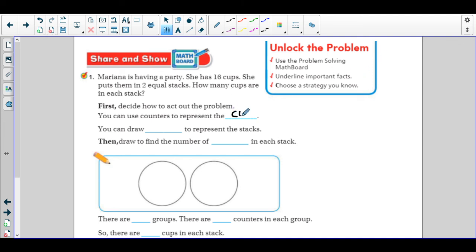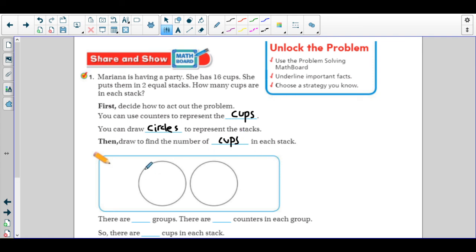We're not going to necessarily use counters. You could use pennies or coins or something like that at home if you wanted. But really the best way in our present situation is just to mark it using an X. You can draw circles to represent the stacks, then draw to find the number of cups in each stack.